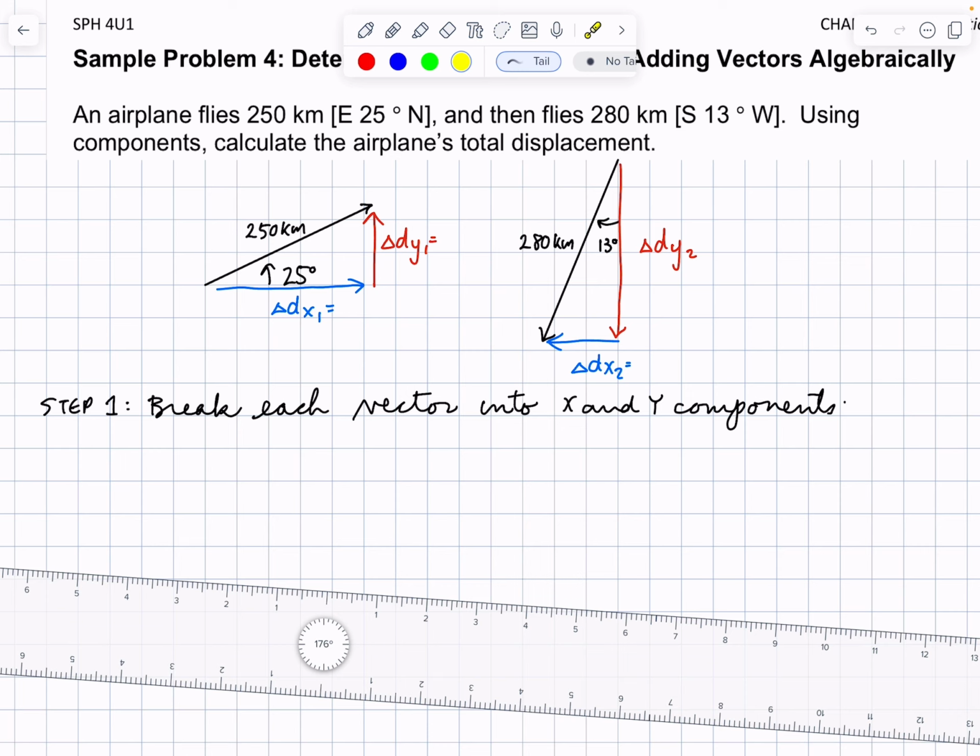I know that the y component is the opposite with respect to the angle and hypotenuse. Opposite over hypotenuse is sine.